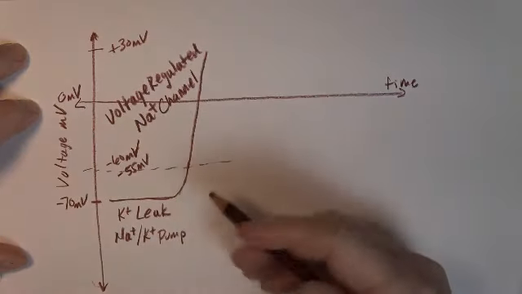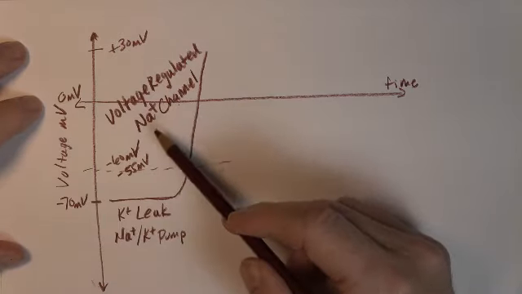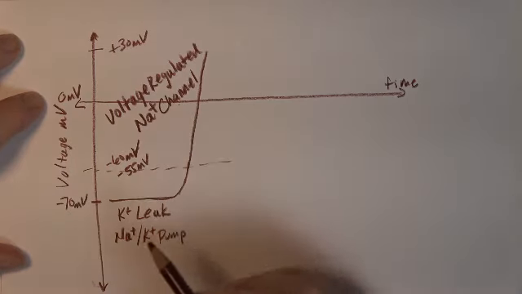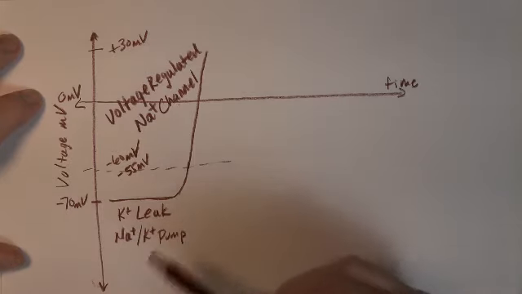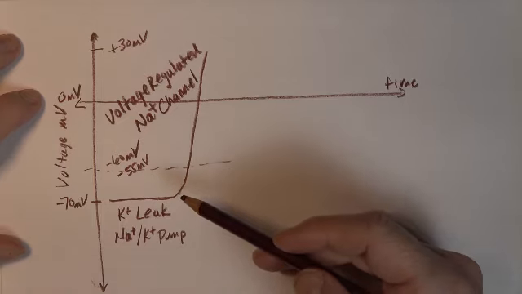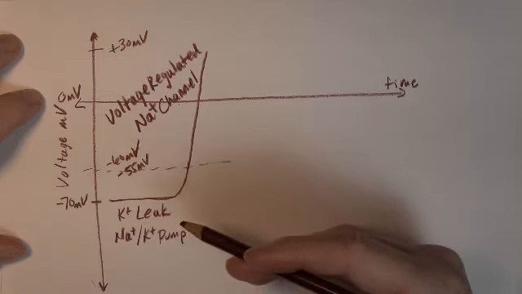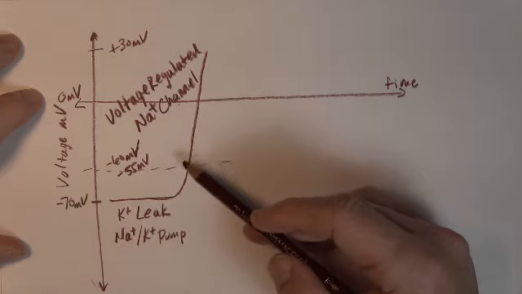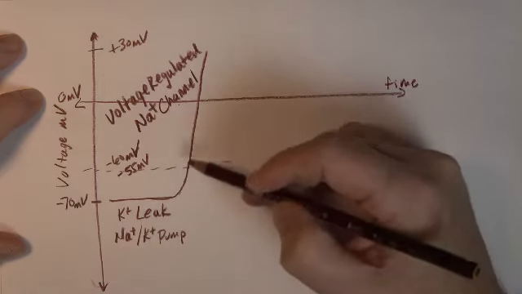Now remember that the concentration of sodium outside the cell is higher than inside the cell, and so diffusion says it wants to move in. It's a lot higher. It really wants to get in. Also, the amount of positive charges is greater outside the cell than inside the cell. And this electrochemical difference really causes the sodium to want to move in quickly, and it changes that potential difference very quickly, in a millisecond or mere milliseconds.